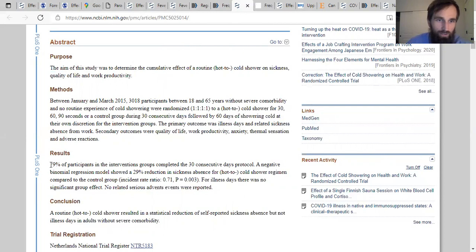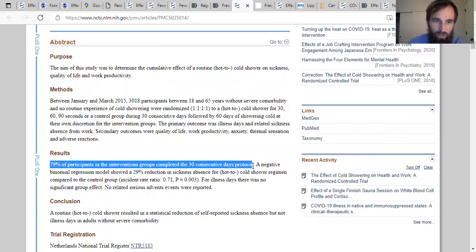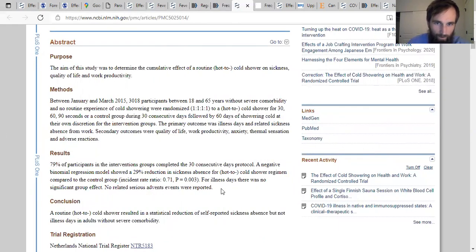So the results: 79% of the participants in the intervention group, that's the group doing the hot and cold showers, completed the 30 consecutive days protocol. And there was a 29% reduction in sickness from the hot to cold shower regime compared to the control group.